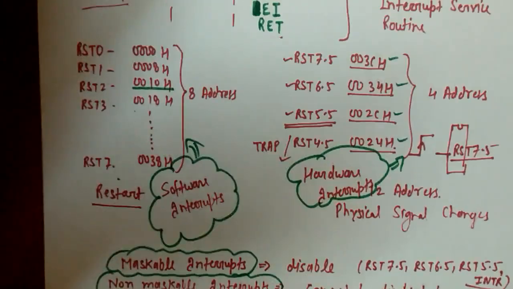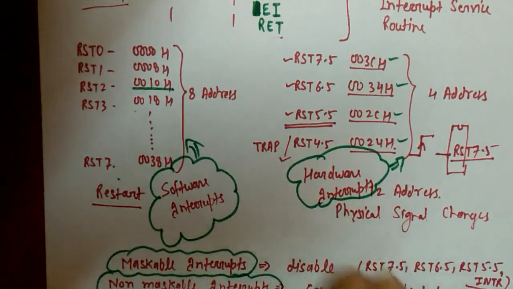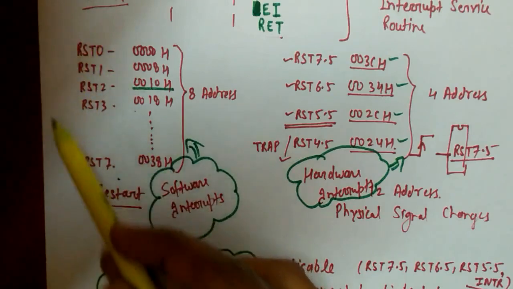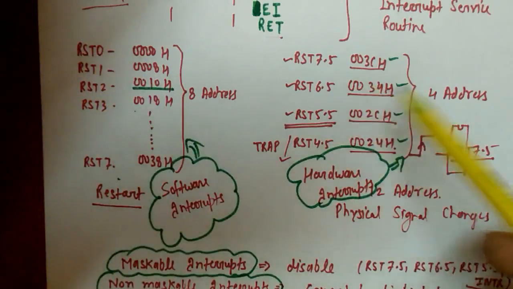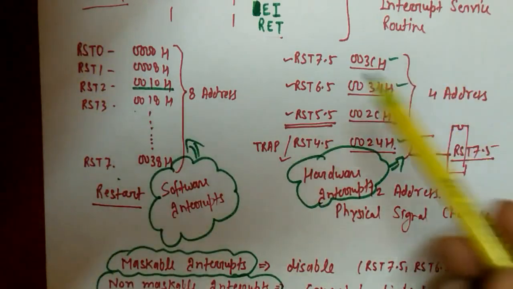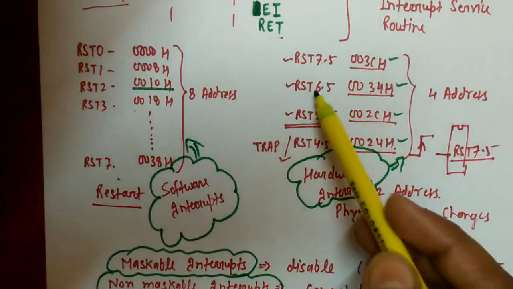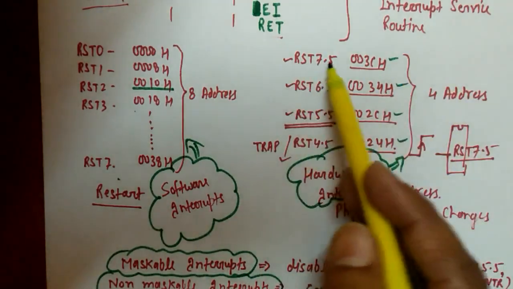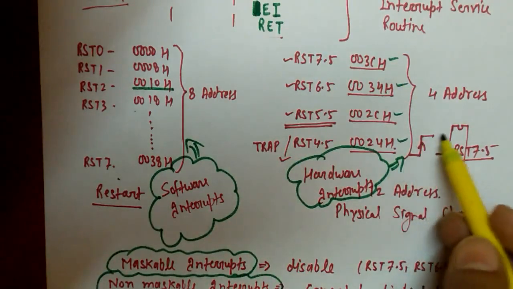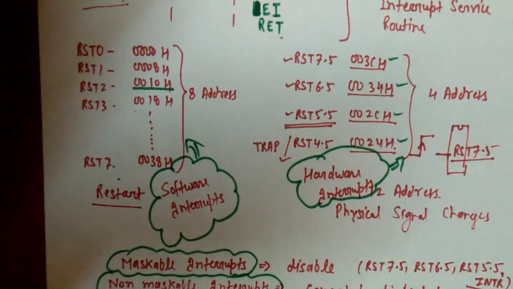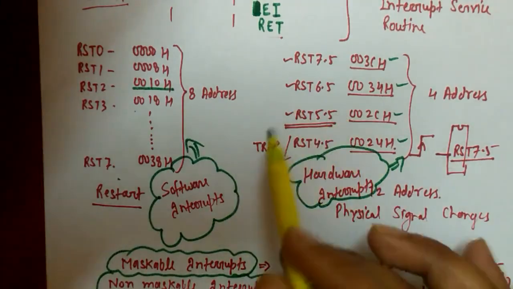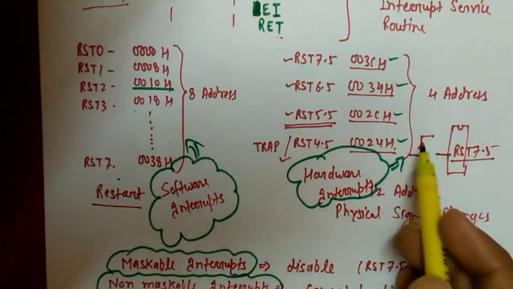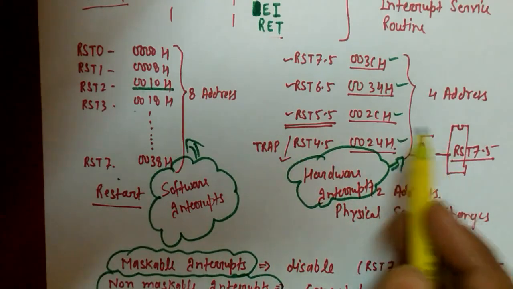Because the microprocessor knows where it has to go. That means if the microprocessor encounters any one of these instructions, or is facing particular signal changes at these pins, like for RST 7.5 I have used a rising edge. Similarly 6.5 and 5.5 are level triggered, and for TRAP it must be rising, and at that pin for some time the signal must be high.